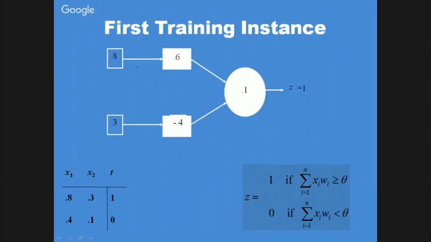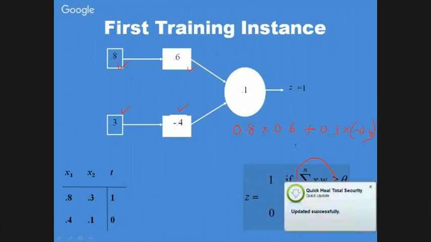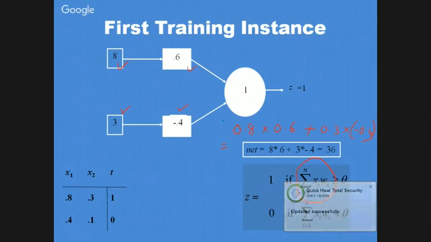First we input 0.8 and 0.3 with weights 0.6 and minus 0.4. What will be the total sum of xi into wi? That will be 0.8 into 0.6 plus 0.3 into minus 0.4. You can calculate that it is 0.48 minus 0.12, which is equal to 0.36.